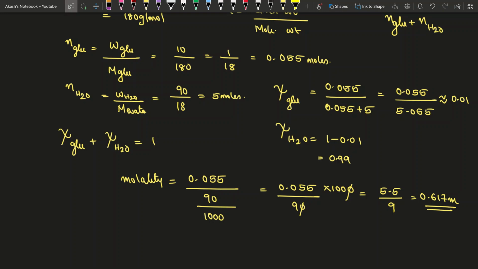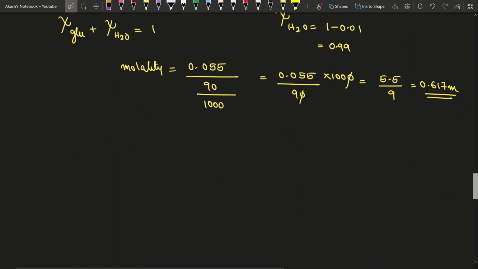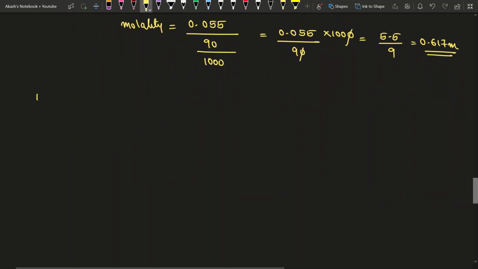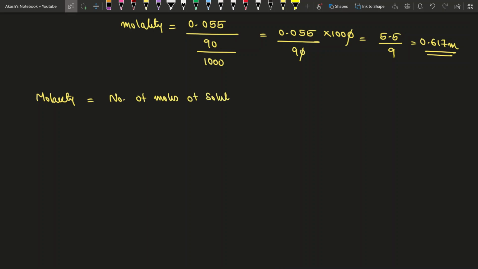Now we need to calculate one more parameter, that is the molarity of the solution. The last part they are asking is the molarity of the solution. The molarity is equal to the number of moles of solute divided by the volume of solution in liters.